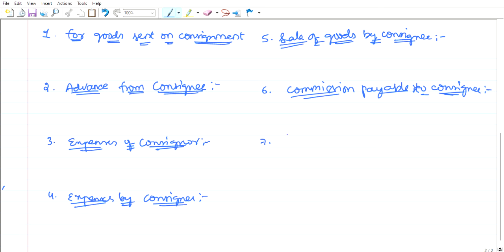Here we will be valuing the unsold stock, unsold stock or consignment stock, or we can call it stock on consignment also. No problem for that. Okay, unsold stock or consignment stock. Next one is profit or loss on consignment.